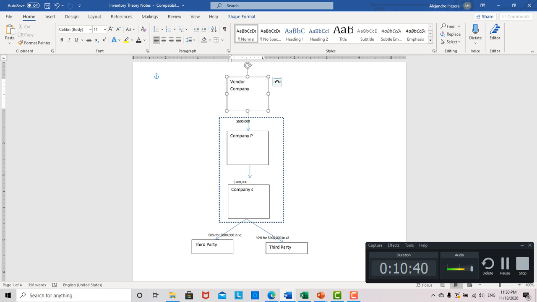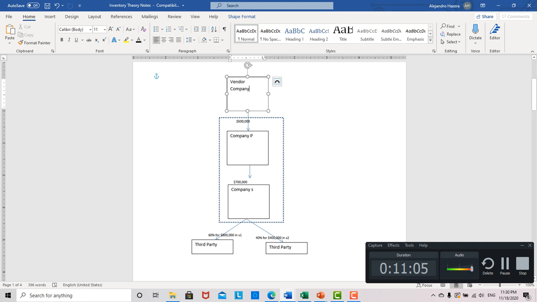From a separate perspective, P recognizes the $700,000 as revenue, and S recognizes the purchase of the $700,000 inventory. But once we consolidate, the two companies become one, and that would be a sale to yourself.